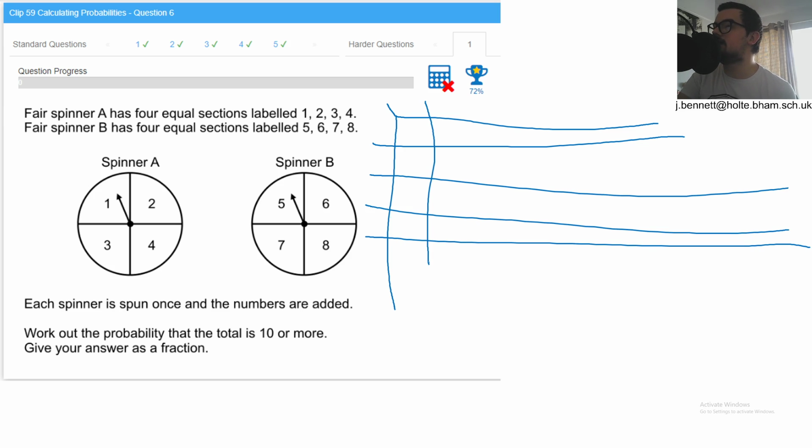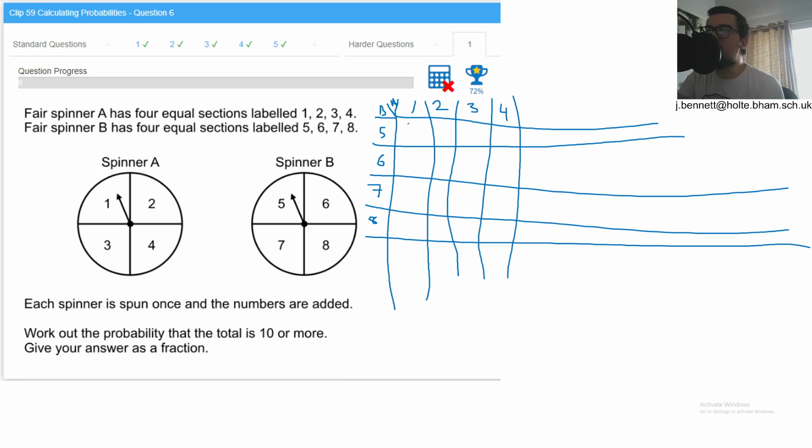I've not done it very neatly, but as long as you have the boxes, that's the important thing. We're going to have spinner A at the top, spinner B at the side. We're looking to add the numbers together. So we have 1, 2, 3, and 4, and then we have 5, 6, 7, and 8.